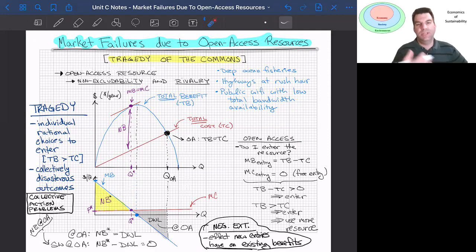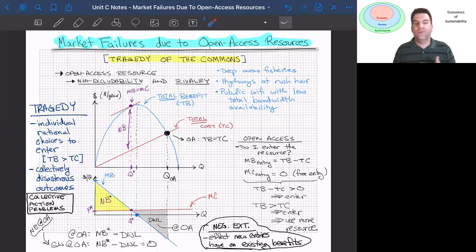If you charge them enough, then they end up paying the externality that they otherwise would be forcing on other people. So they're basically paying for the benefit that they're reducing from other people. And by including that in their own decision making, it's going to reduce the number of people just entering that highway. Public Wi-Fi, well, if you make them pay for it, that's another way to do it.